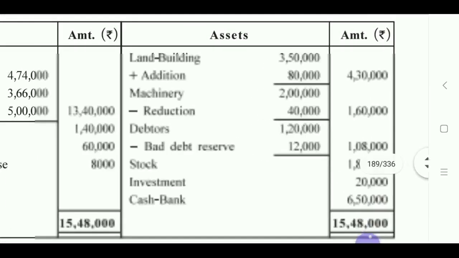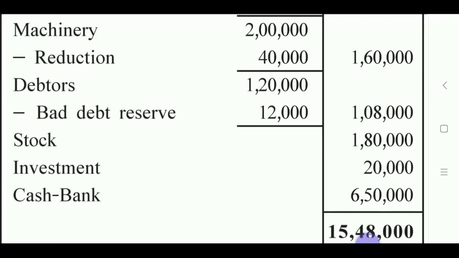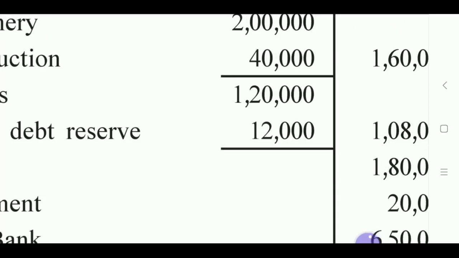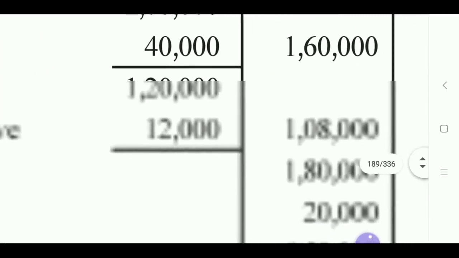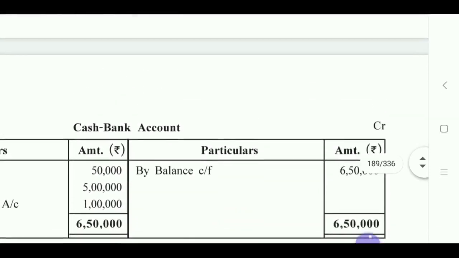Talking about bad debt reserve: 1,20,000 minus 12,000. 10,000 is already given, and 2,000 is the addition. They say in an adjustment that you are supposed to keep 10% bad debt reserve. 10% of 1,20,000 is 12,000. 10,000 is already mentioned in the old balance sheet, so 2,000 more. So 12,000 here, and the new value of debtors is 1,08,000.